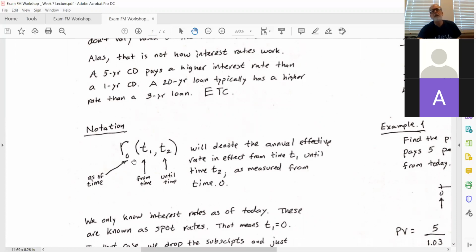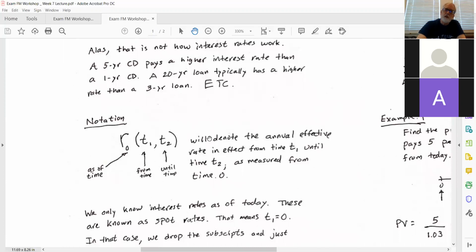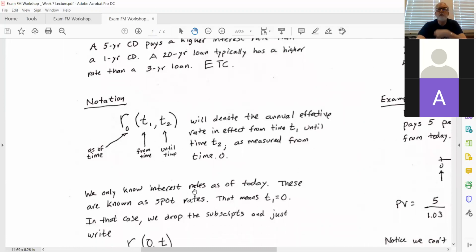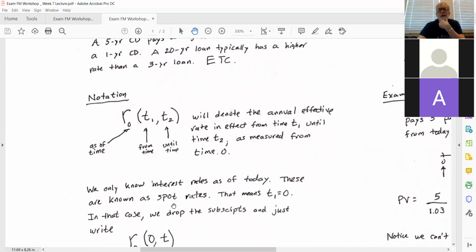And so if we needed to, I could put R4 to remind ourselves those are the actual rates 4 years from now. Okay, so we only know interest rates as of today. So here's a terminology. Those are known as spot rates.